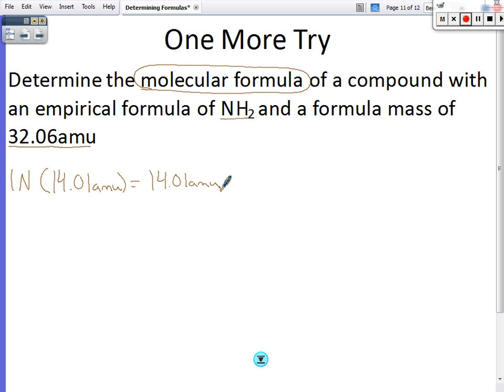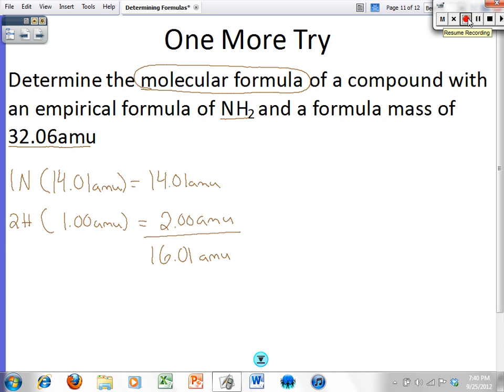And then I have 2 hydrogen, and I multiply that by the AMU of hydrogen, and that gives me 2 AMU. Add those together, and I know my empirical formula mass is 16.01 AMU.